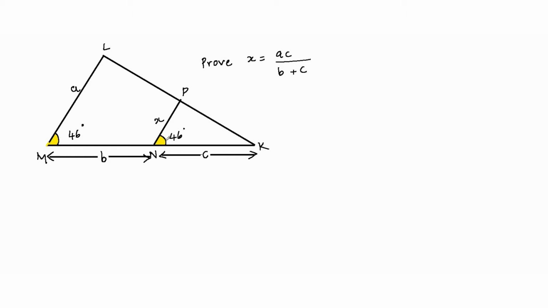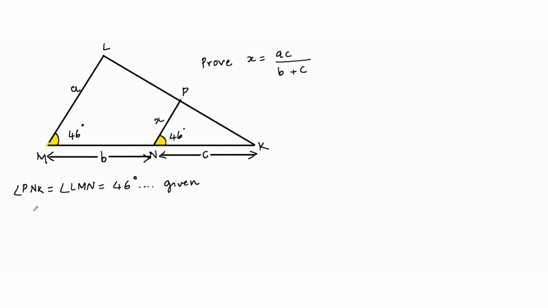Now if I were to look at these two angles, each of them is 46 degrees, and because these angles are equal to each other, I can say that PN is parallel to LM because the corresponding angles are equal. So I can say that angle PNK is equal to angle LMN is equal to 46 degrees because this is given to us.